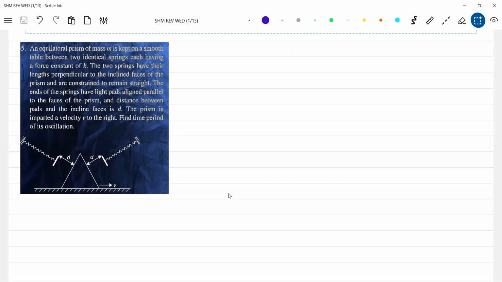Let's go for the constraint equation first. It's an equilateral prism, so this will be 60 degrees.